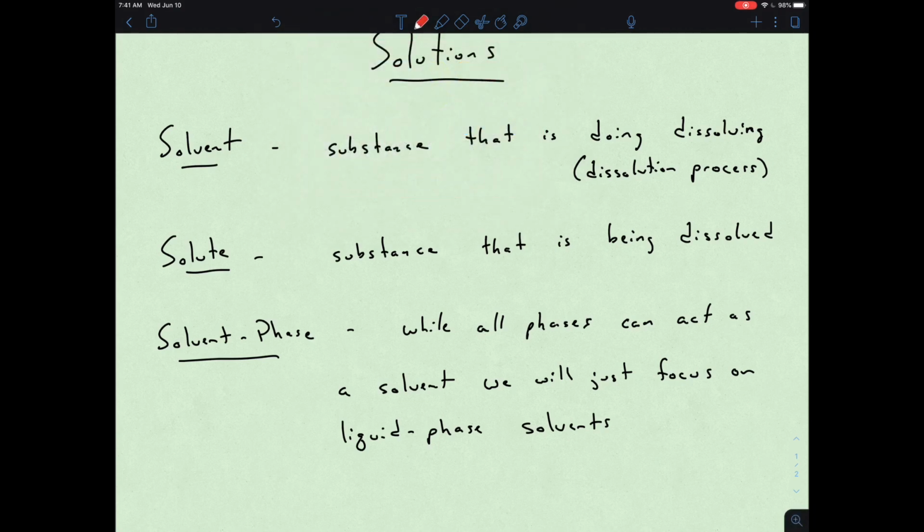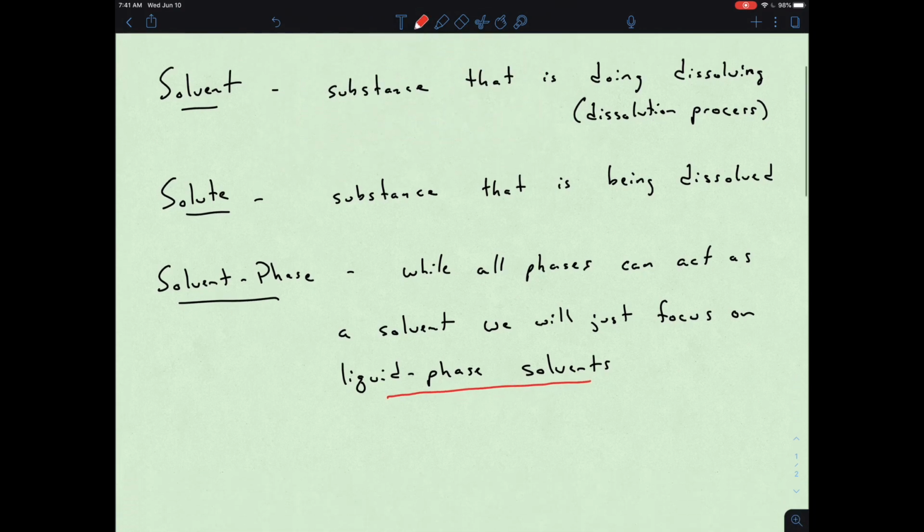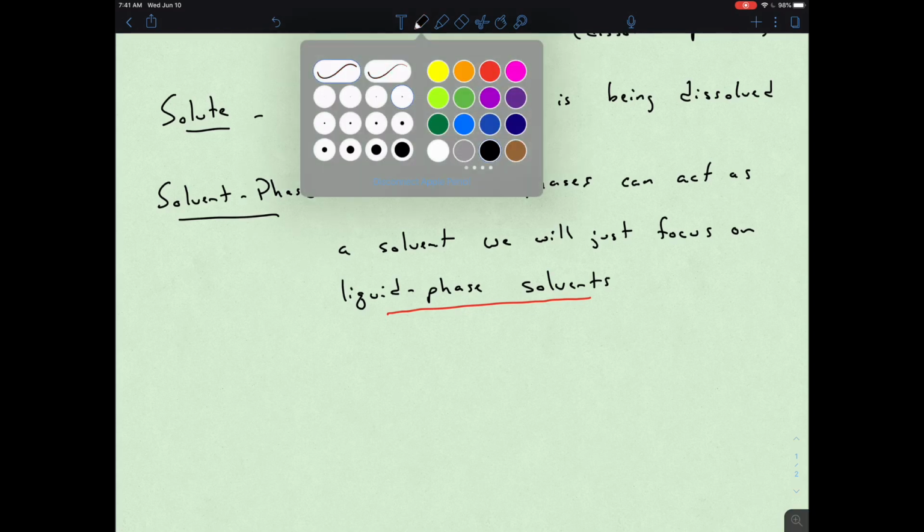So we'll be a little bit more specific with that solvent phase. Our solute phase can be any, though.